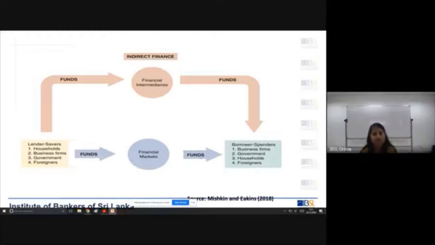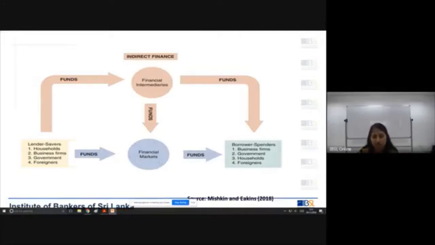So that is method number 2. First is indirect financing. Second is direct financing. Then you have a role where the savers give the funds to the financial intermediary, and the financial intermediary will then come to the market and invest.